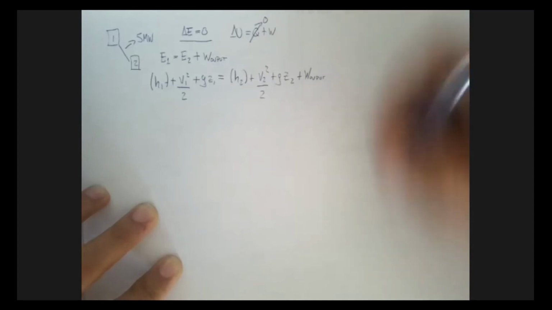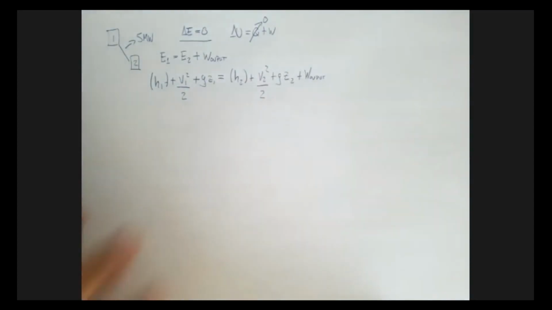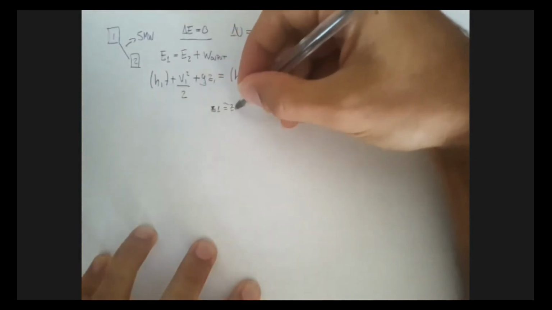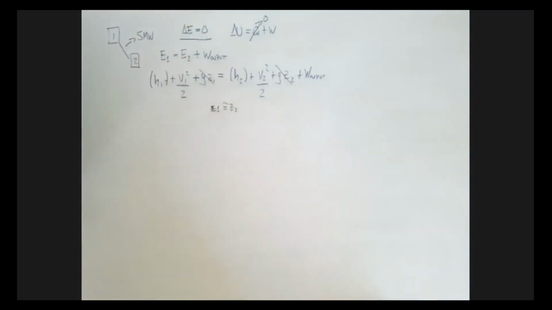All in energy units, right? All in energy units, energy per kilogram. Again, Z1 is similar to Z2, so we can go ahead and cross these guys out. You don't have to account for them.